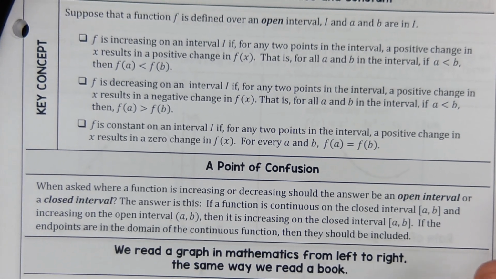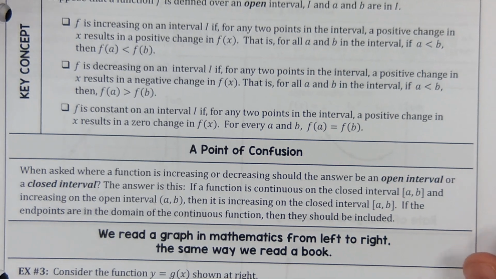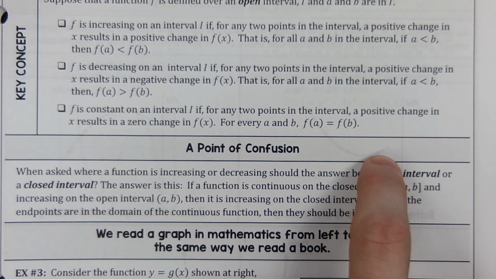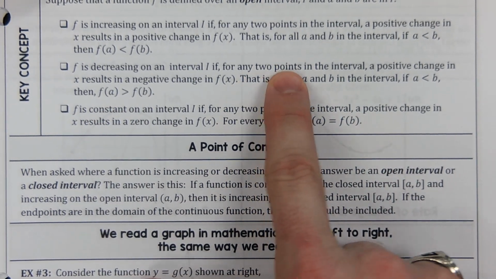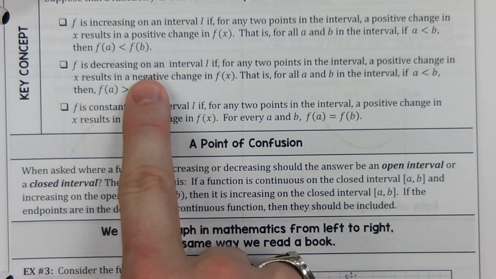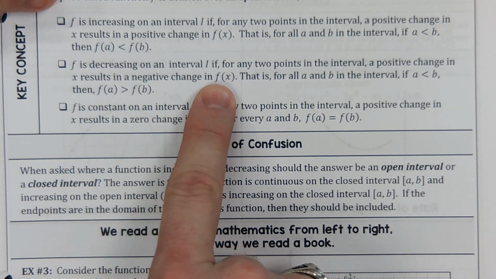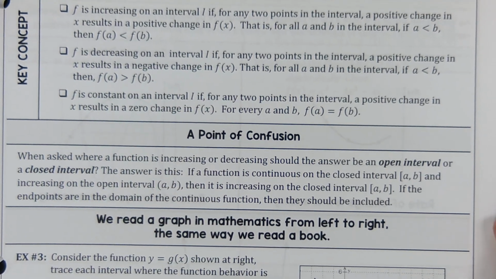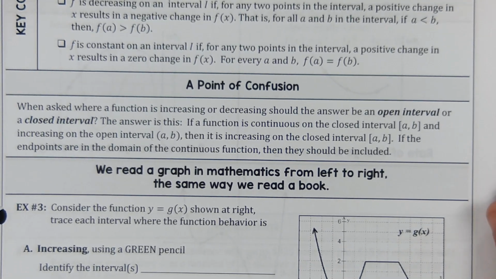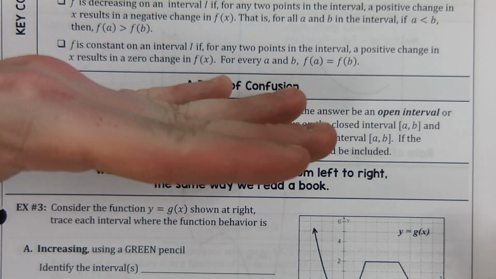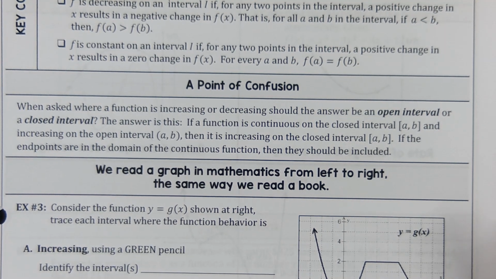In case it's a curve and not a straight line, the fancy definition says, for any 2 points in an open interval, a positive change in x results in a negative change in y. As x goes up, y goes down. And constant says, as x goes up, y doesn't change. So it's horizontal lines, essentially. That's constant. Cool?